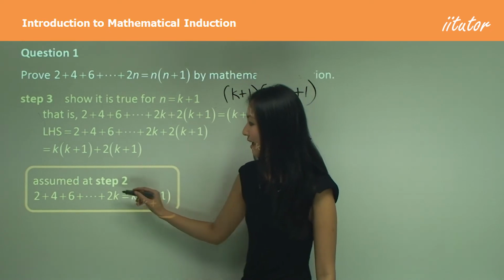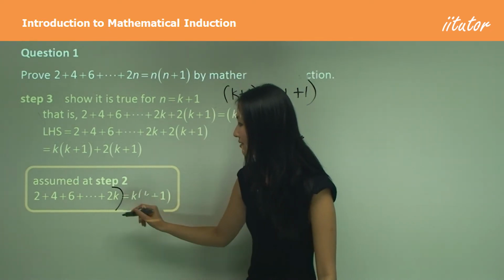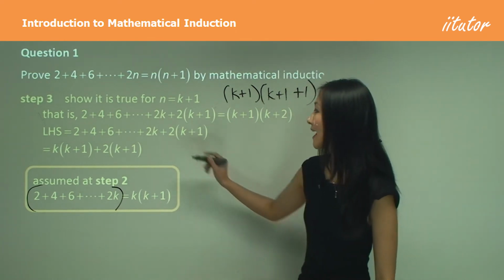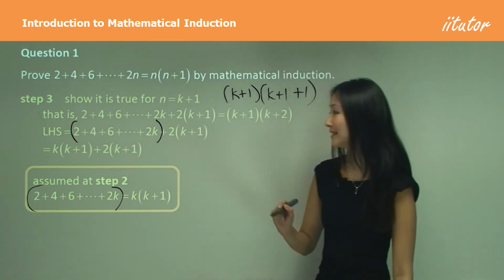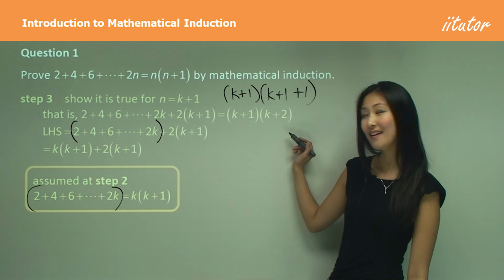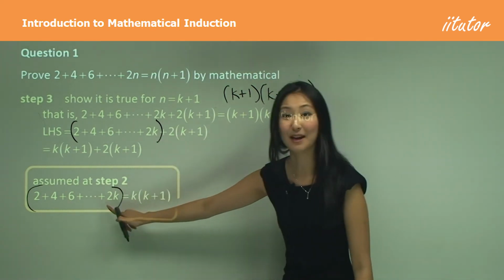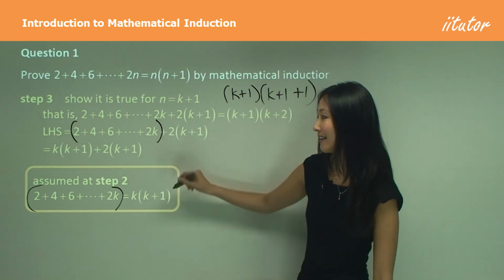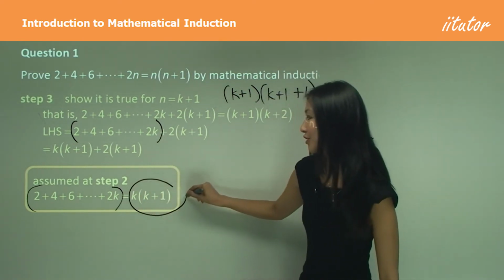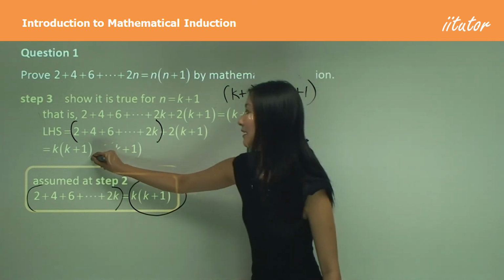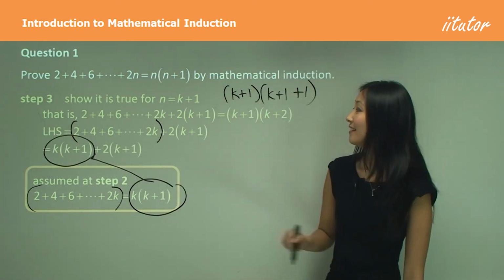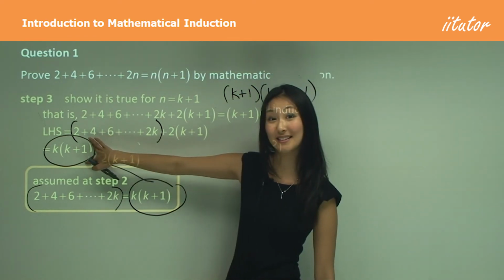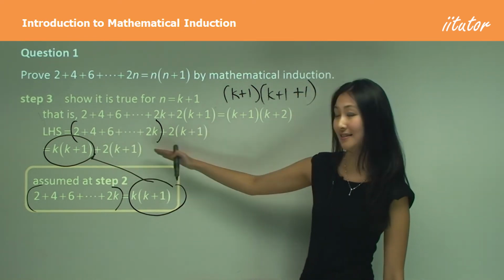Can you see how this part of the assumption looks exactly the same as this part of the proof we're trying to make? Yeah? This is exactly the same as that, right? Which means that instead of writing that, I can just substitute this into here. Okay? So instead of writing that, I've just substituted k times (k plus 1) instead of that. And this just stays the same.